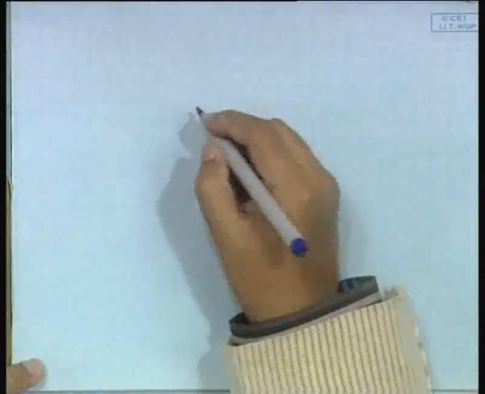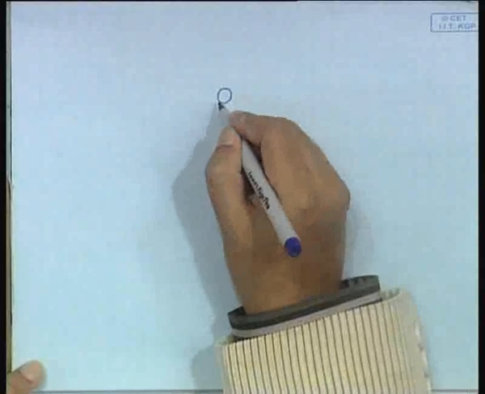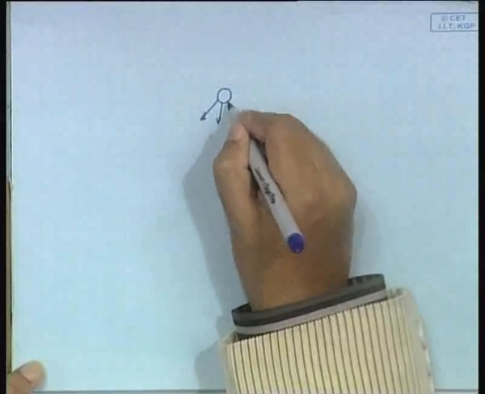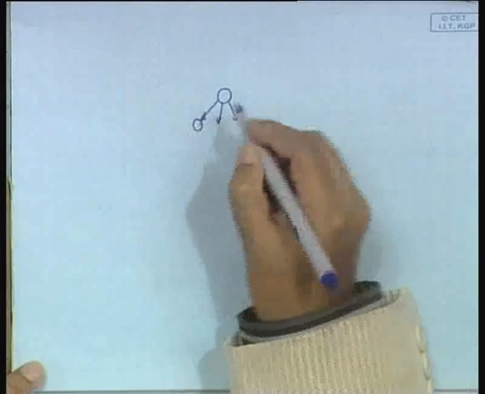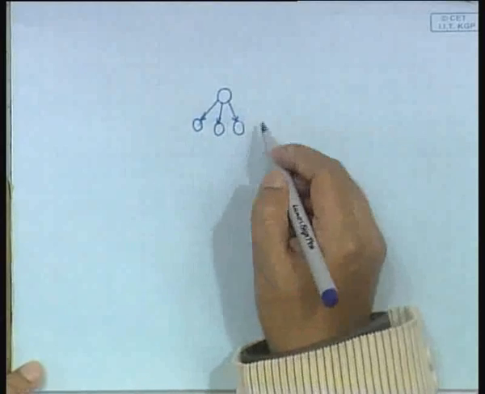So, let us understand this. Let me show this. In the currently active wave, this node sends out the wave to its children.